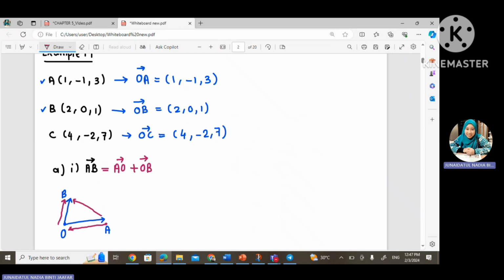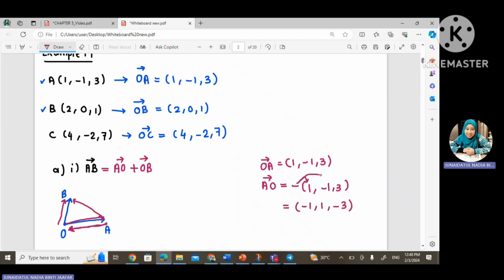So AO, we can see here, A to O is the opposite direction of OA. Okay, so if OA equals 1, negative 1, 3, AO is in the opposite direction, so it has the opposite sign. So we must add a negative, and then we write the vector OA, 1, negative 1, 3. Therefore, vector AO is equal to negative 1, 1, negative 3.